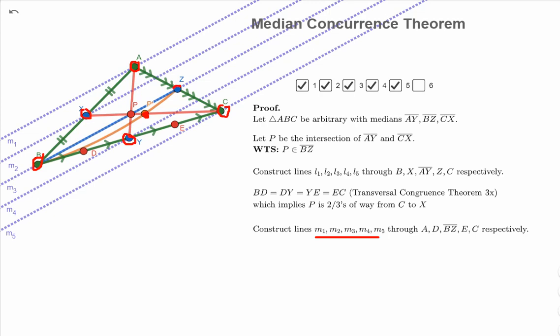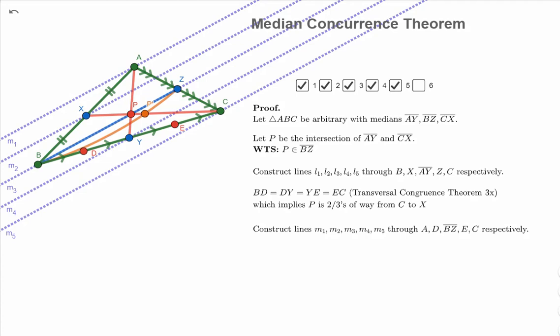BZ already goes through the midpoint Z, so we're going to make sure that we have lines that go through the other 2 midpoints, X and Y. That's how we're drawing these lines. And as before, we have these congruent segments marked here. We're using the double arrows to mark them since this drawing is getting really busy, just to show the congruencies.